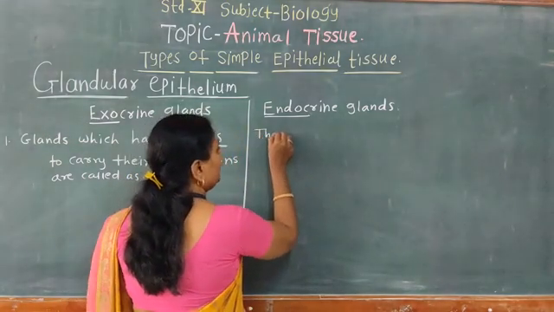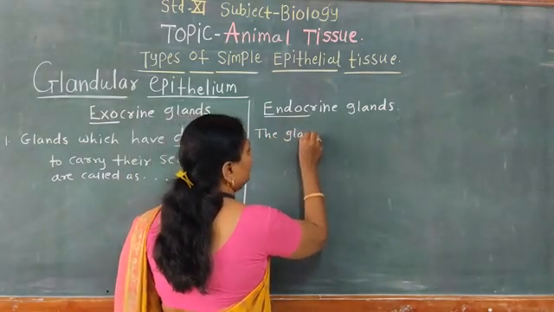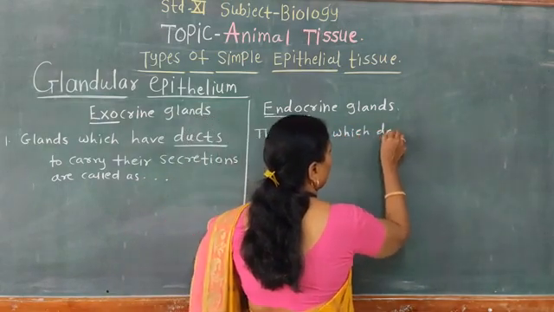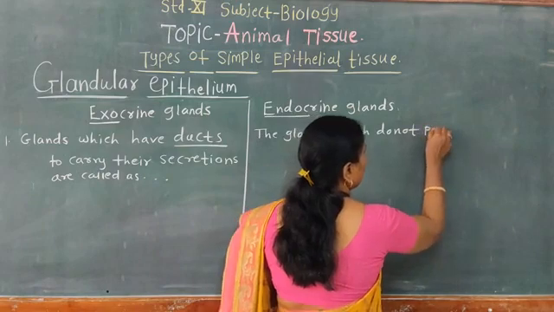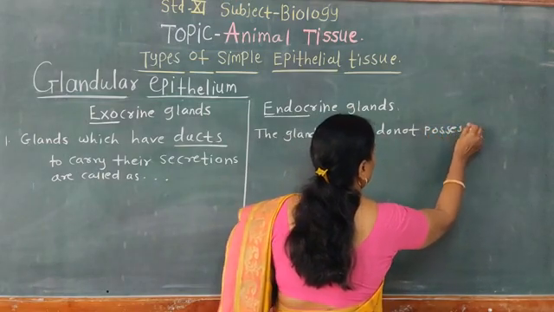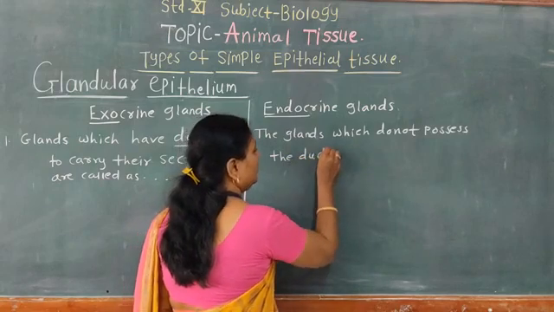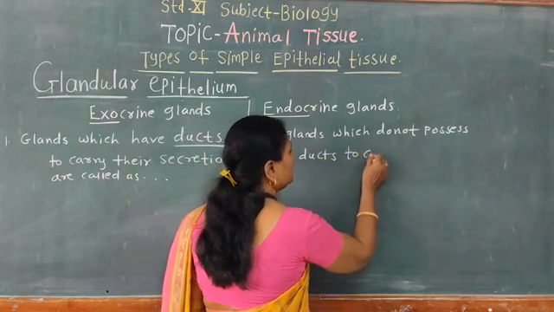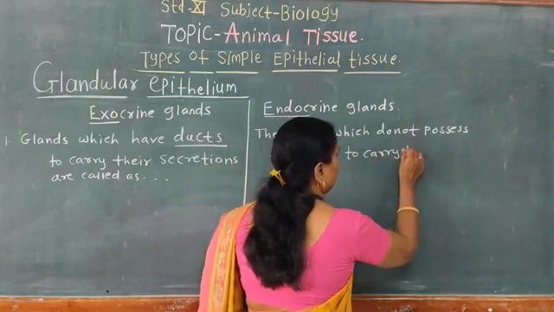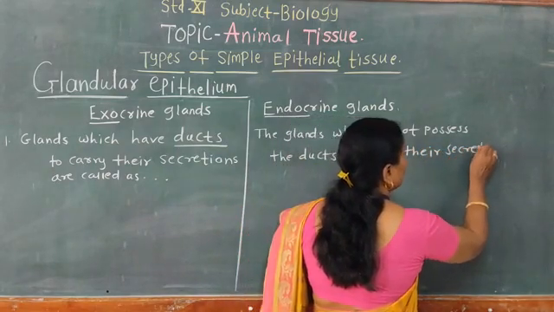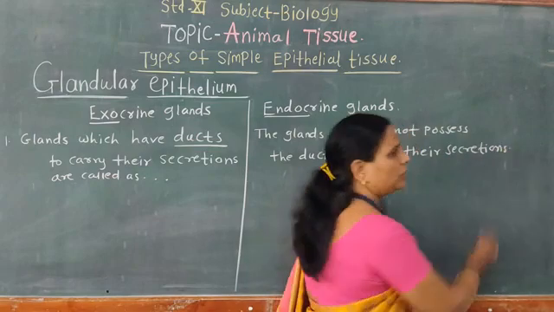The glands which do not possess ducts to carry their secretions mainly pour their secretions directly into the blood.